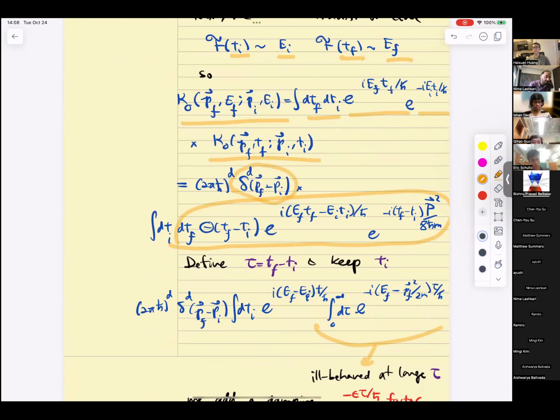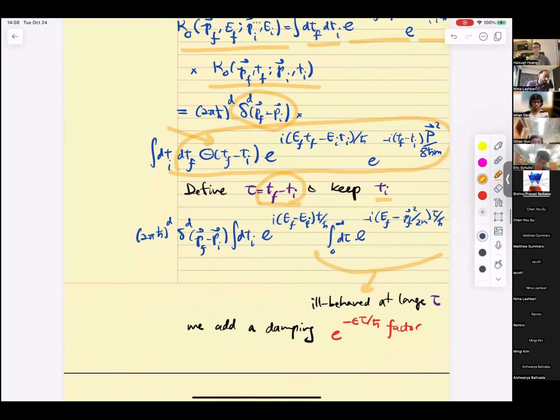All right, so we plug in the expression that we had before. We have the momentum conservation. We have to do this integral, right? Now we notice that the fact that we had a retarded function comes in. We define this variable tau, which is the time difference. Because of time translation invariance, we just work with Ti and tau.